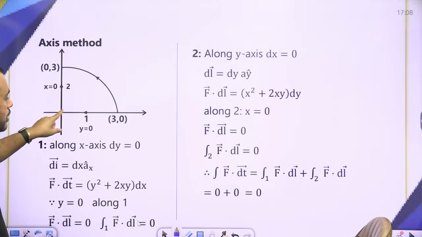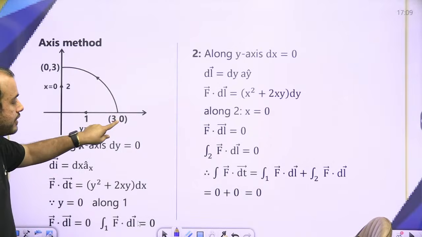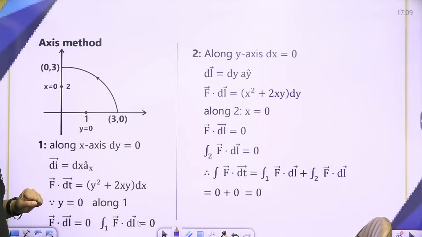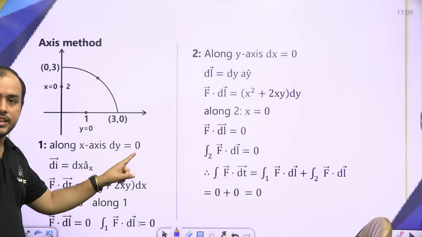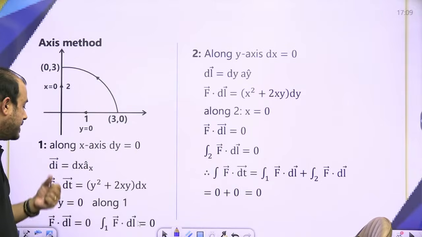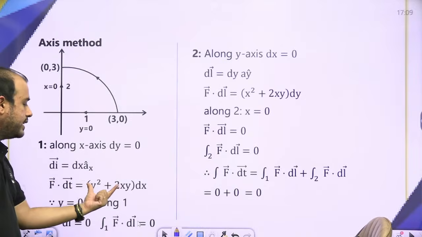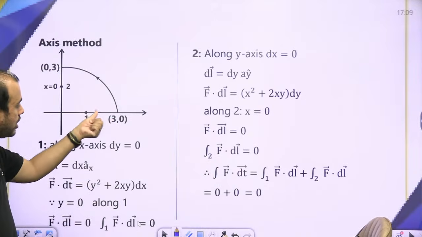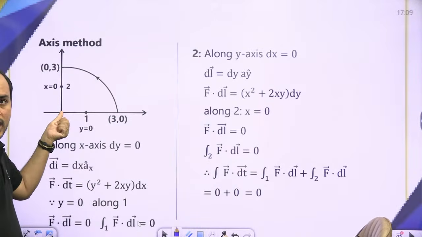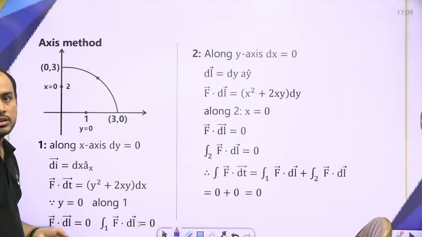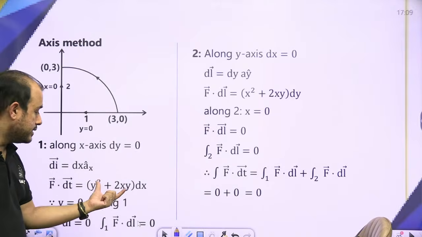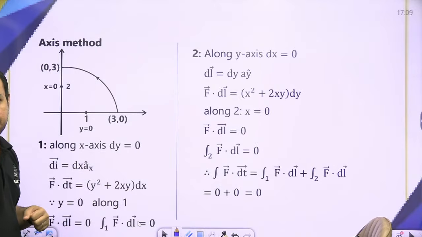X will vary from 3 to 0, y will be 0. So along the x-axis, dy is 0, dl is dx ax. So f dot dl is this. Now the y coordinate is fixed as 0. So if y is 0, this dot product becomes 0.